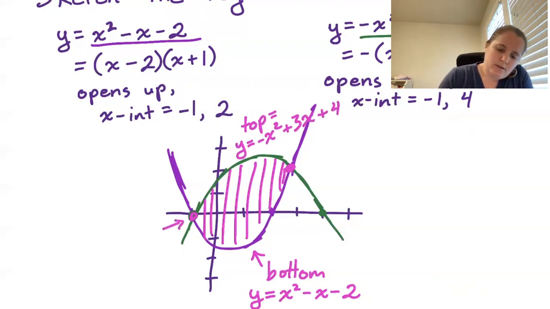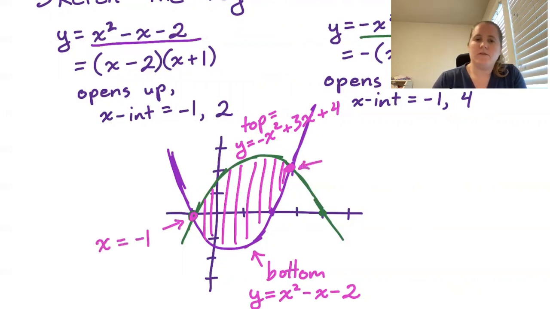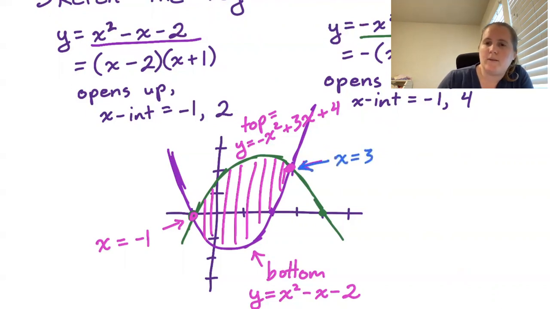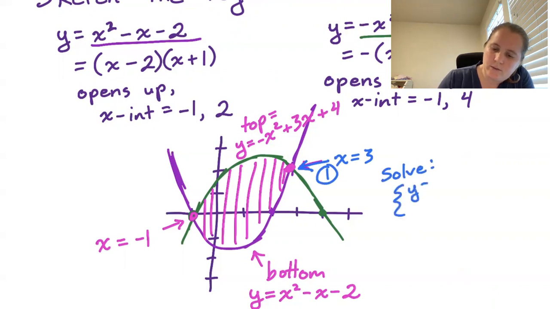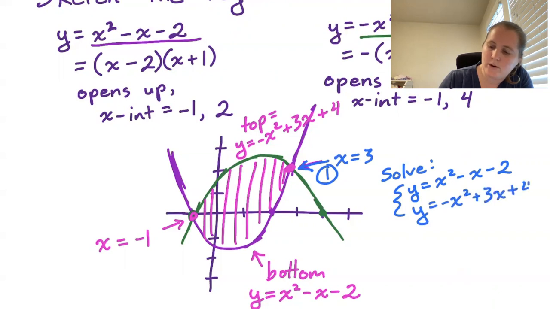This point here is x equals -1. This point here we need to find. It winds up being x equals 3. We would find that by solving the system y equals x squared minus x minus 2 and y equals -x squared plus 3x plus 4.